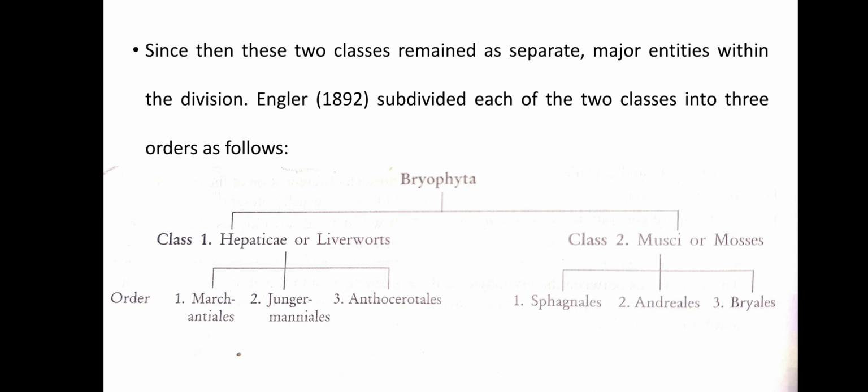Hepaticae was subdivided into three orders: Marchantiales, Jungermanniales and Anthocerotales. Similarly, Musci was divided into three orders: Sphagnales, Andreaeales and Bryales.